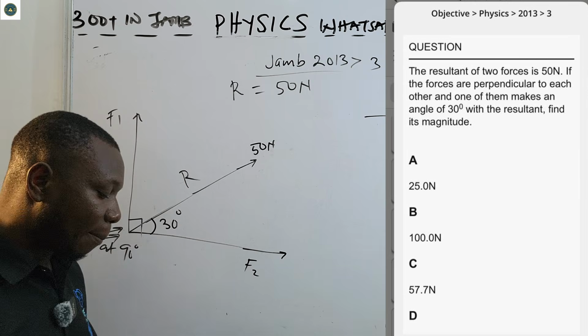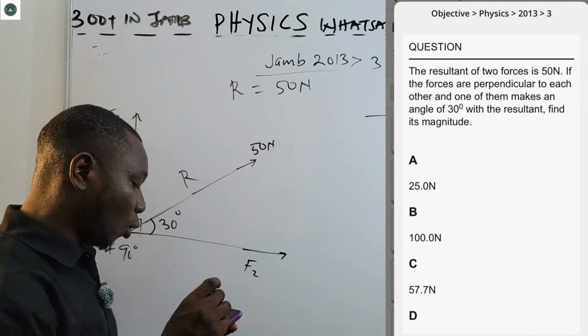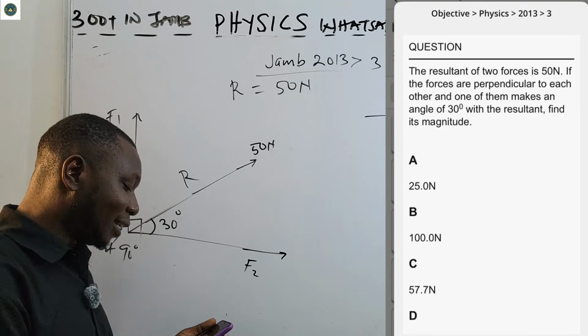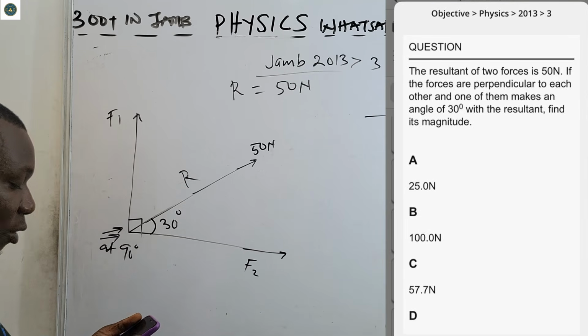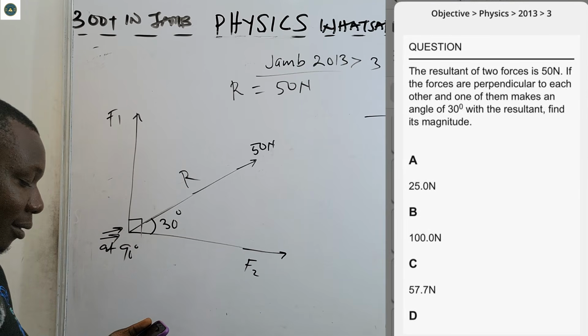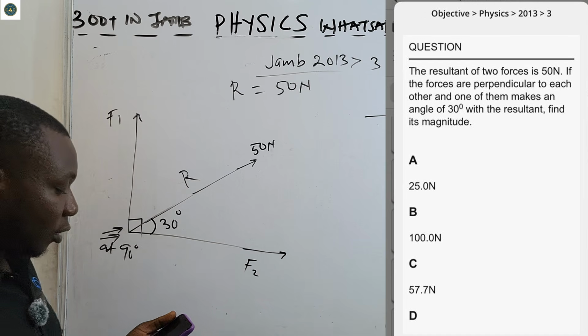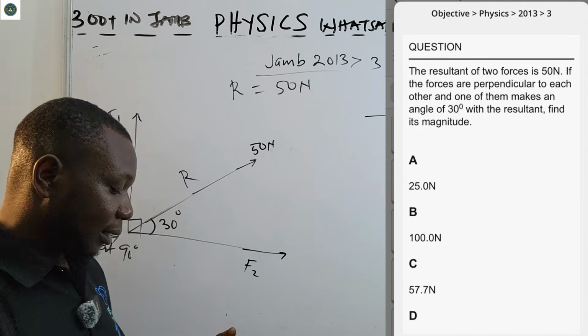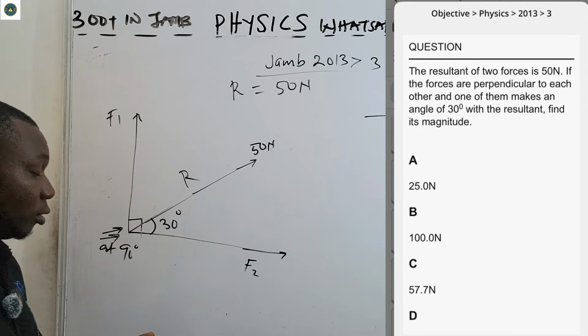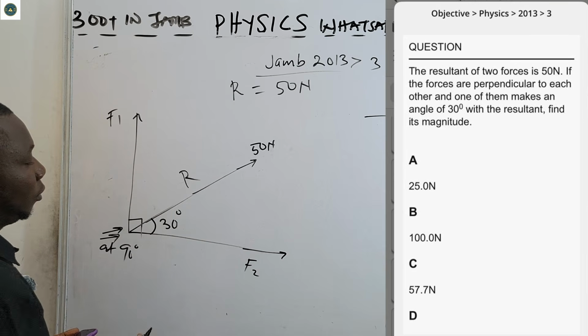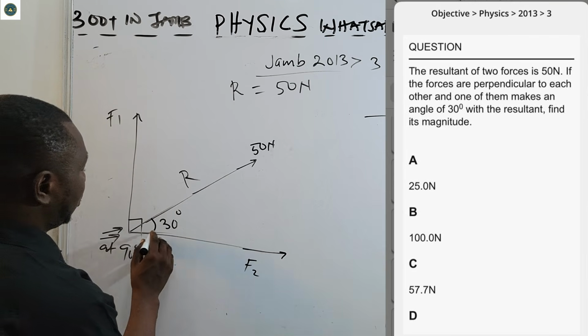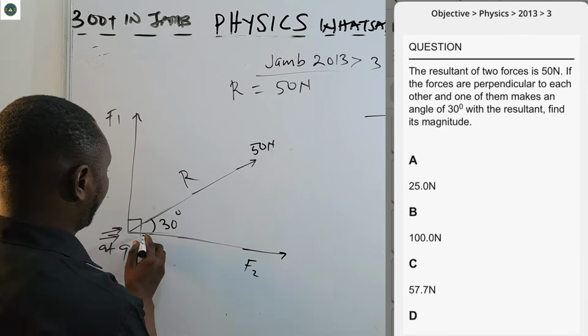If the forces are perpendicular to each other, and one of them makes an angle of 30 degrees with the resultant, find the magnitude.